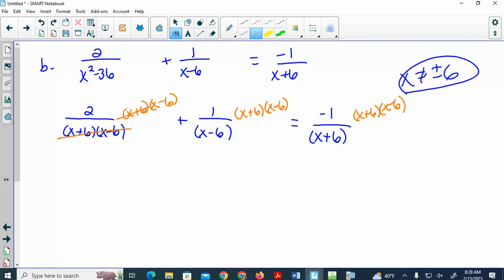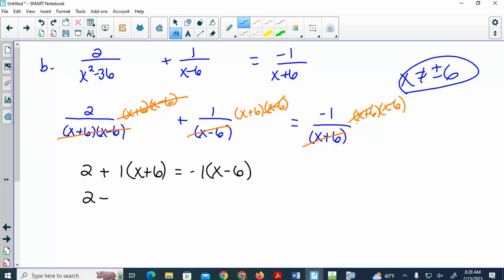If we do that, those all cancel, so all of my fractions are 1. So I have 2 plus 1 times my x plus 6 equals negative 1 times my x minus 6.